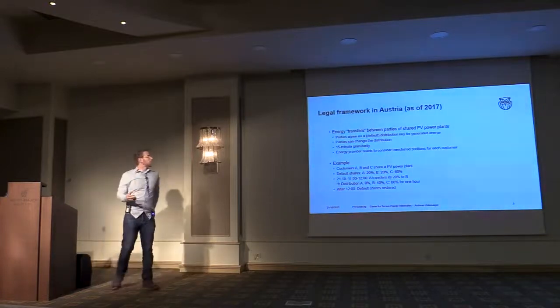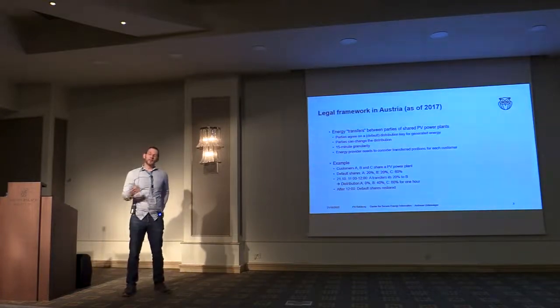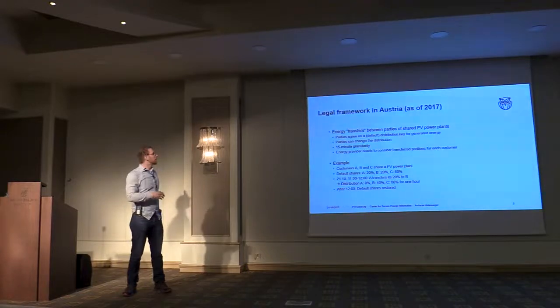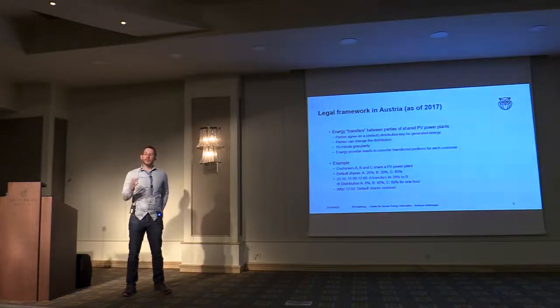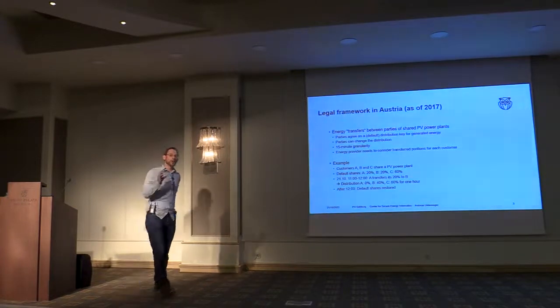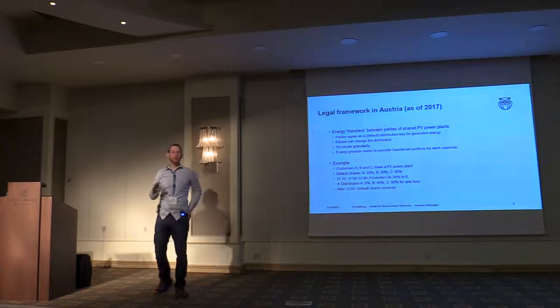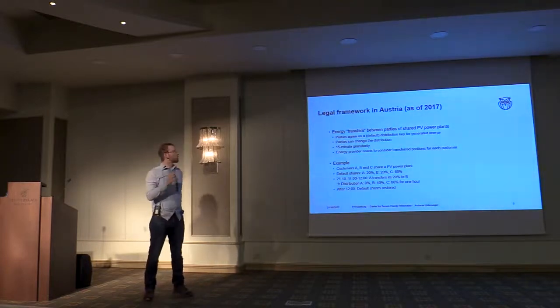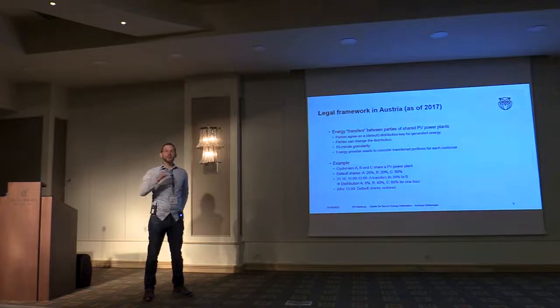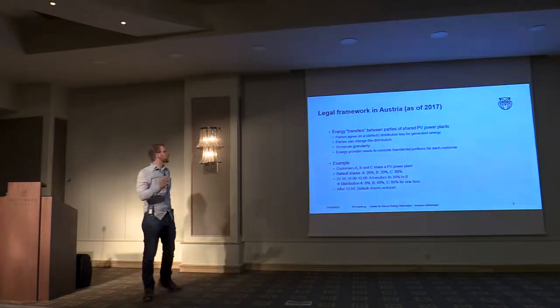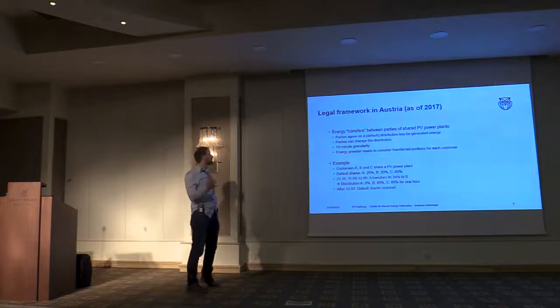When we started the project, there was a new law in Austria that came into effect, and this law basically allowed transferring energy between two parties in a multi-party home when they had a shared PV, solar, or whatever constellation on the roof. The law said you can transfer the portion of generated electricity based on a prior distribution that the participants needed to agree on.